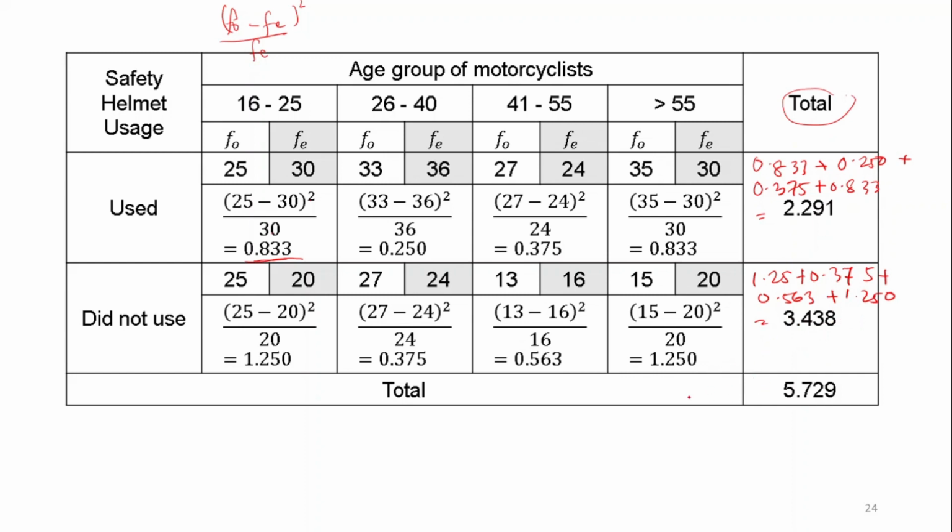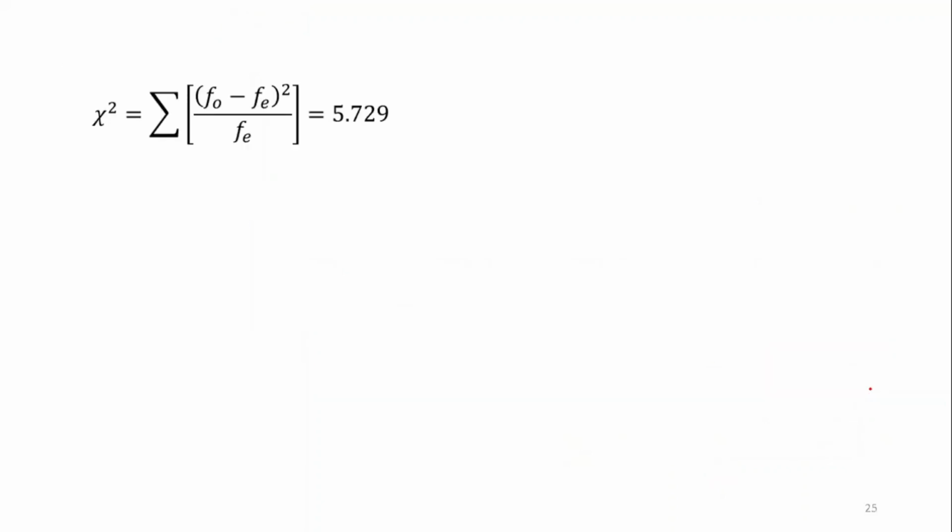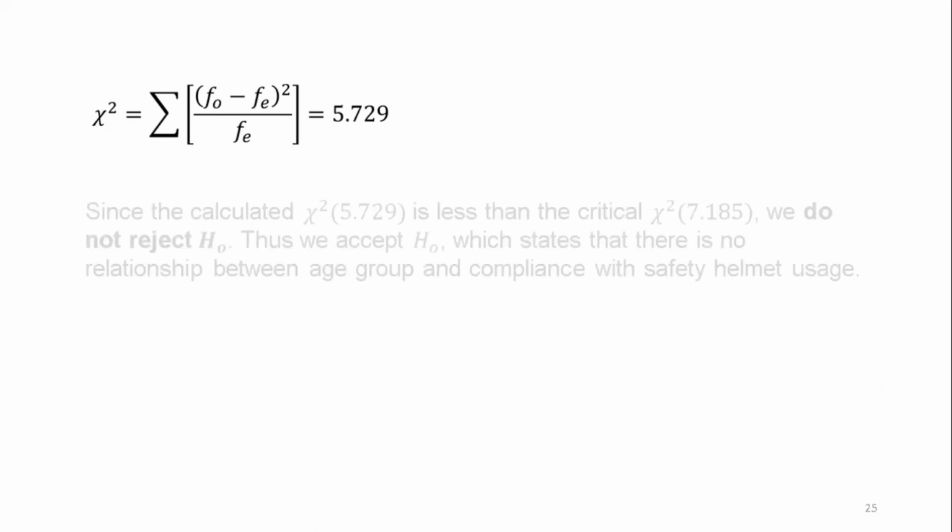For the chi-square value we want the total value, so we add these two parts and you get 5.729. So this is your chi-square value. Then compare with the critical value.